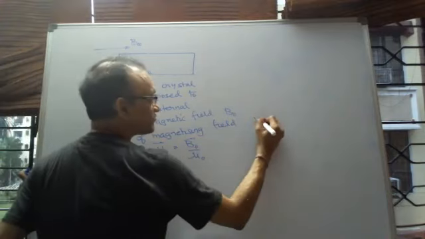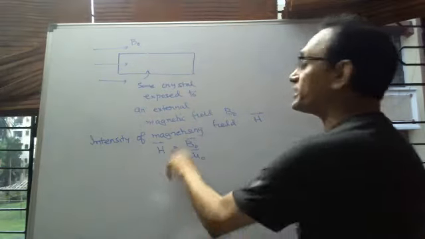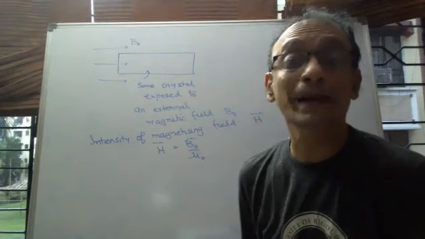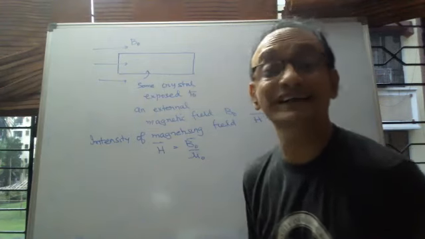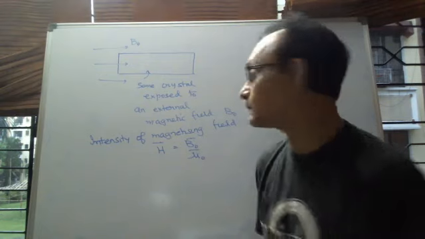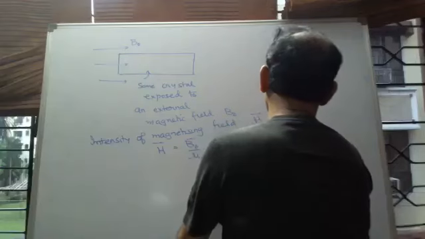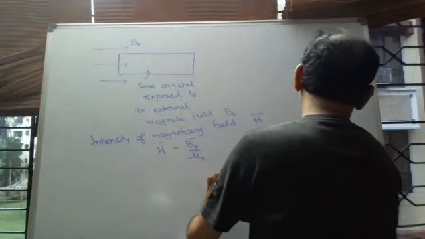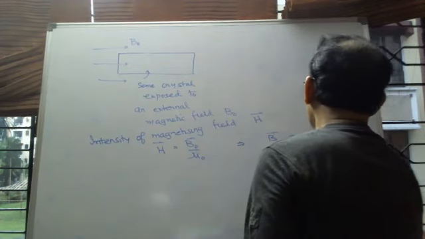The magnetic field divided by mu naught is defined as the intensity of the magnetizing field. That means the external magnetic field B naught is mu naught times H. Scalar notation में B naught will become mu naught H.